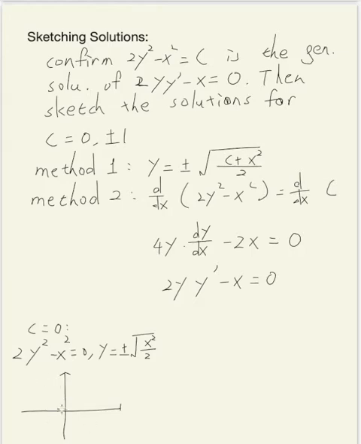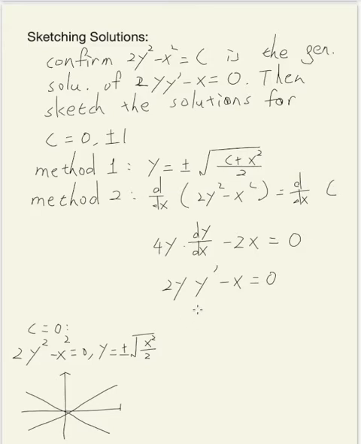So you just get two straight lines here, like this. Okay, so this is the case for c equals 0.